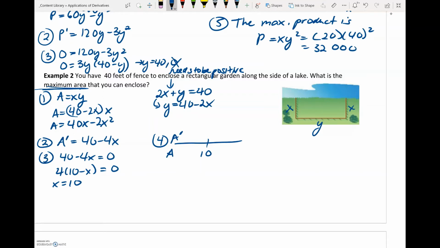So let's pick a number on the left side of 10. Let's say 1. That's 40 minus 4, which is positive. Now if I pick 20, we're going to get a negative number here. So that confirms that our area will be increasing and then decreasing. So 10 is a maximum.